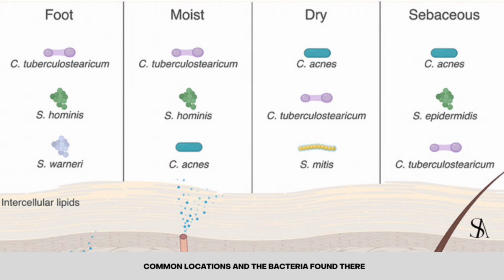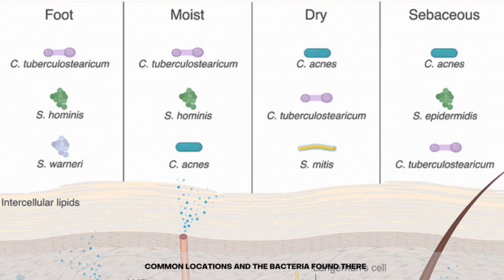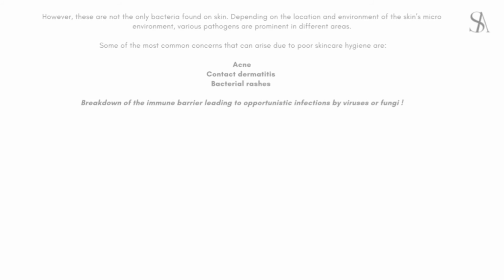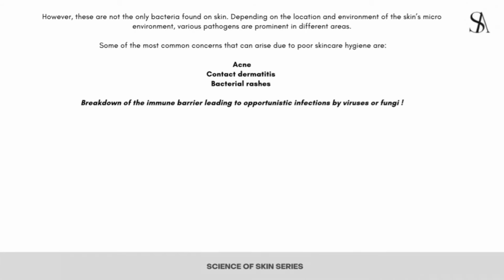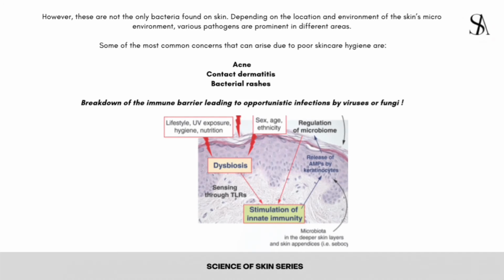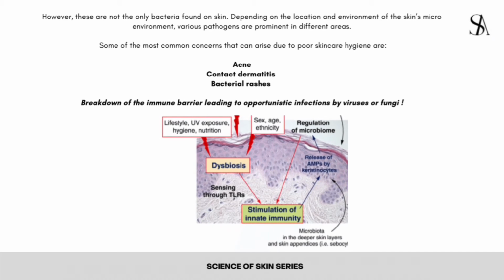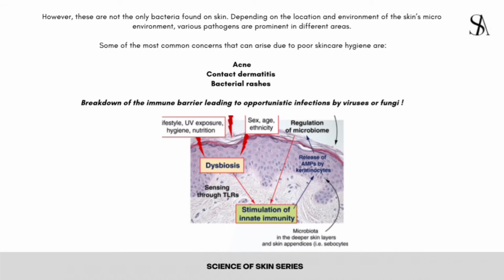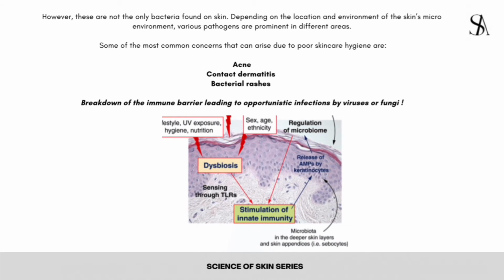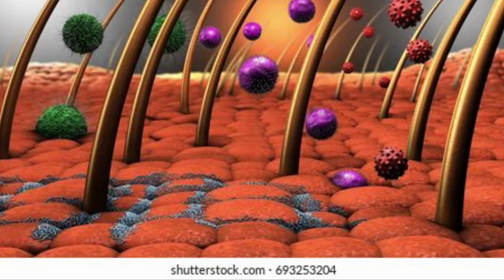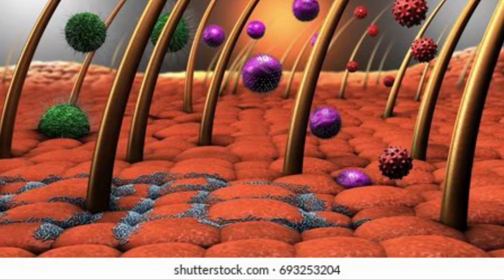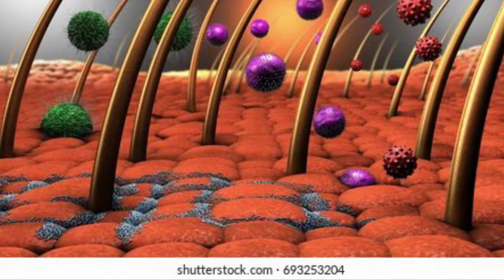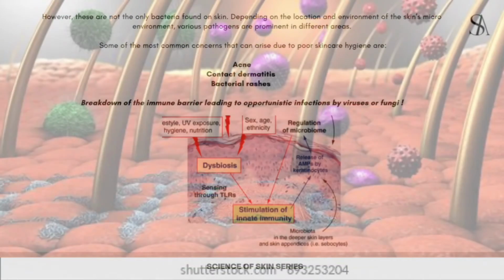This leads to a whole different slew of problems, because we all have a very distinct microbiome, and contrary to belief, it's not the same. Although we have a lot of schematics that illustrate the common bacteria that are universally found on our skin, it doesn't mean that all of them are being accounted for in these schematics.